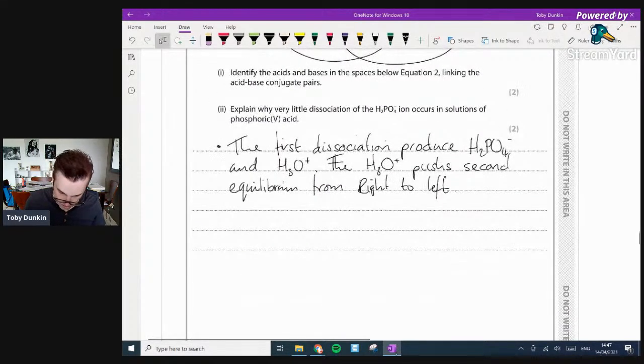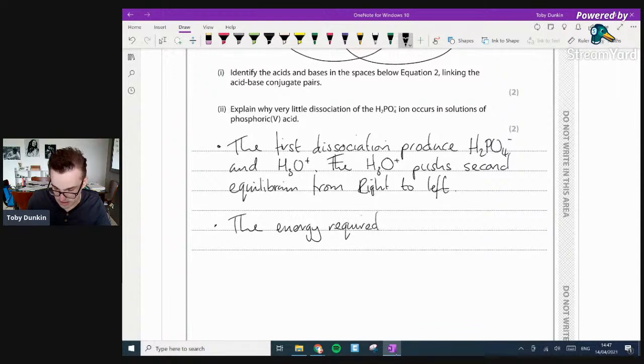Also, the energy required to lose H+ from an already negative ion is very high.